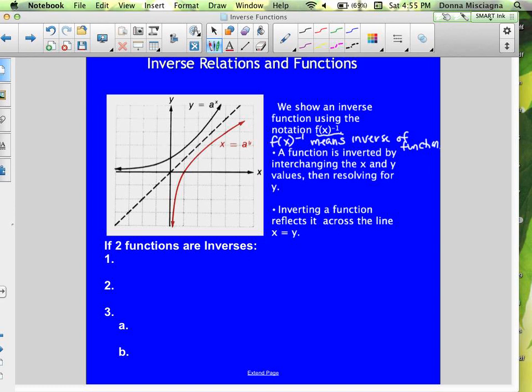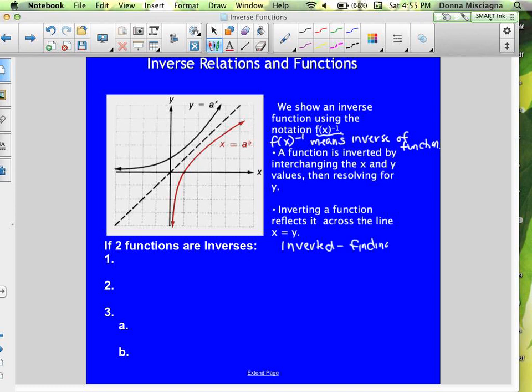If we had g of x with a negative 1 there, looking like an exponent, it would be the inverse of g of x. We have several ways to invert a function, in other words, find its inverse. Let's define that word: inverted just means finding the inverse.